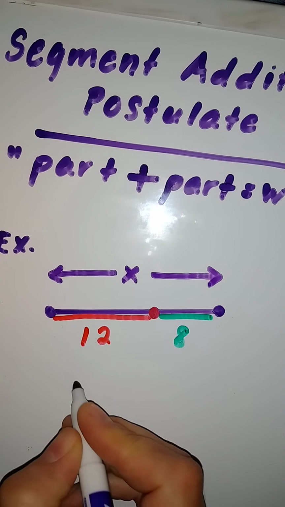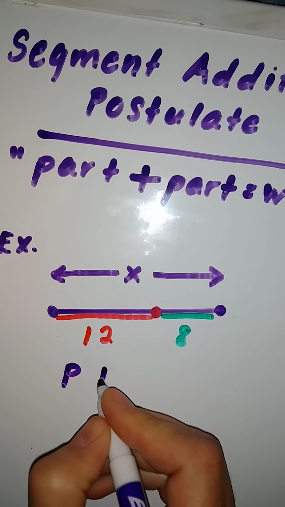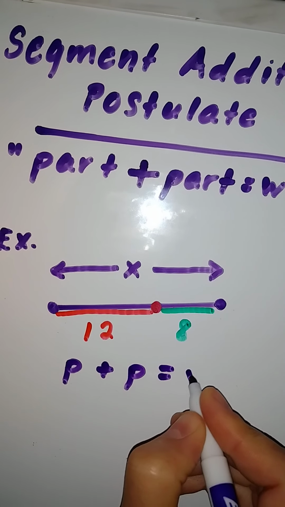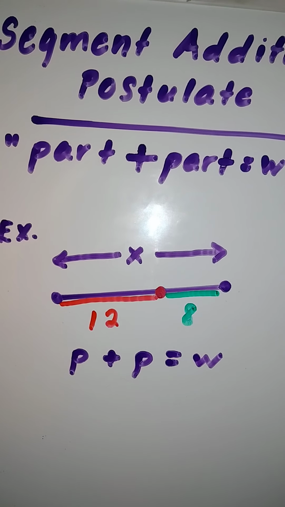So we're going to use the idea of parts and wholes. My students, if you want to use P's and W's so you don't have to write out those whole words, it might help you remember the relationship.